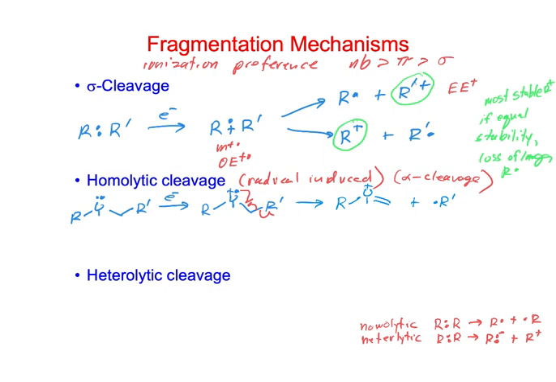So I think the idea is that this would be the alpha carbon, and we're cleaving just on the other side of the alpha position. Right, so that's why it's called an alpha cleavage. Okay, and notice that like before, this is an even electron ion, and we're losing this neutral radical.